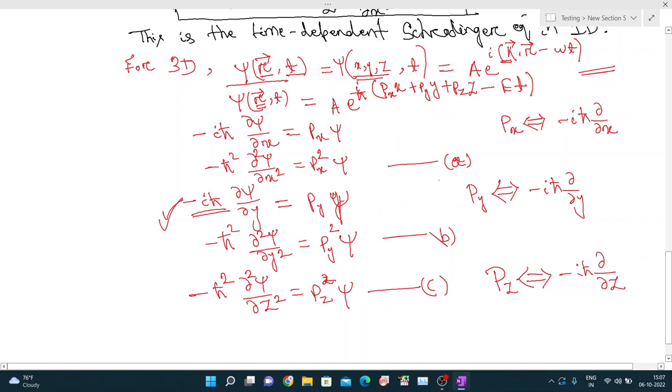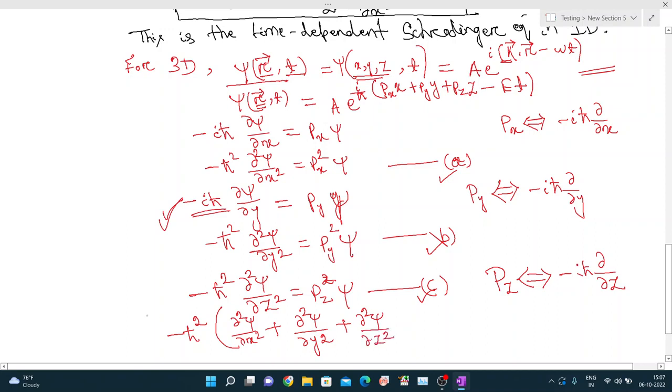Now just add these three equations A, B and C. Minus h cross square can be taken as the common quantity, and we get del square psi over del x square plus del square psi by del y square plus del square psi by del z square.